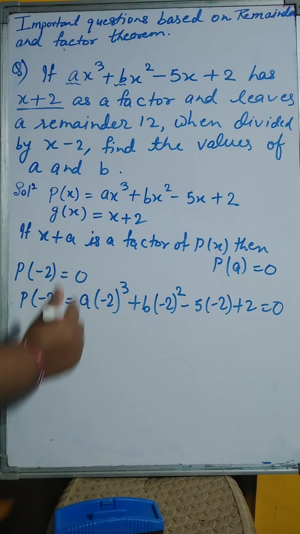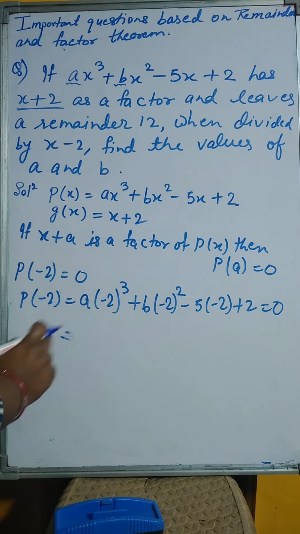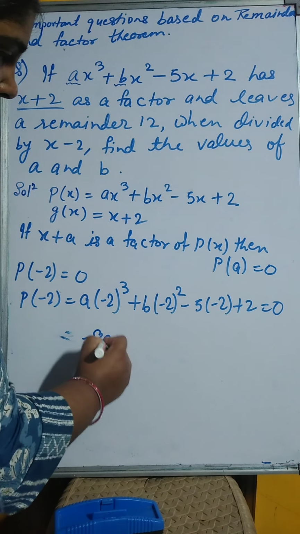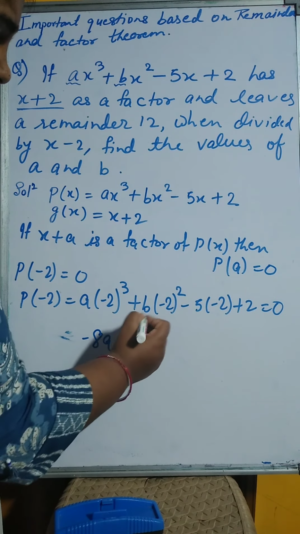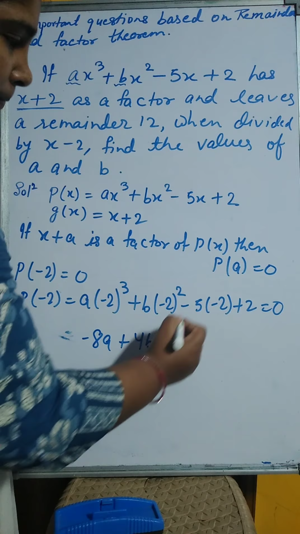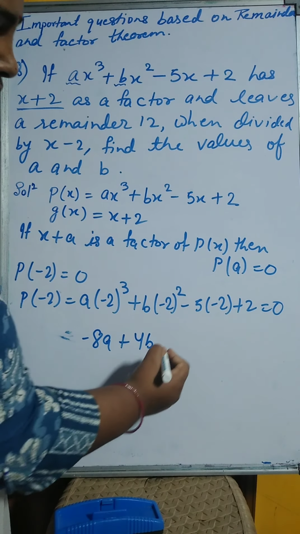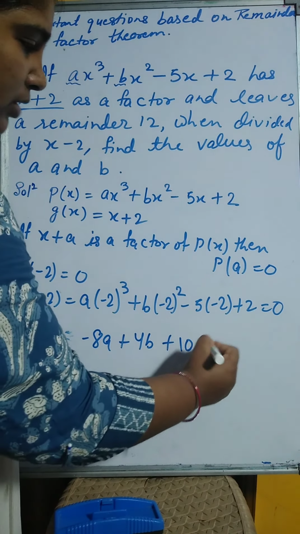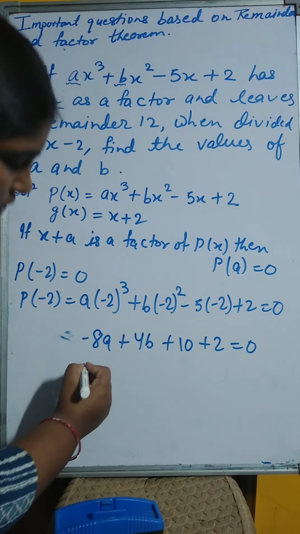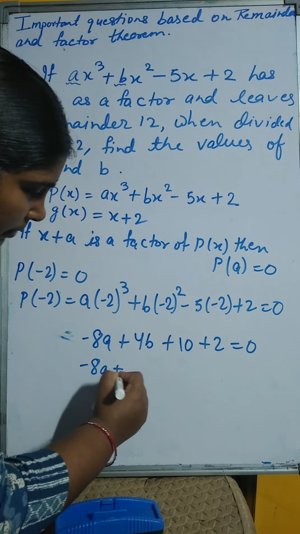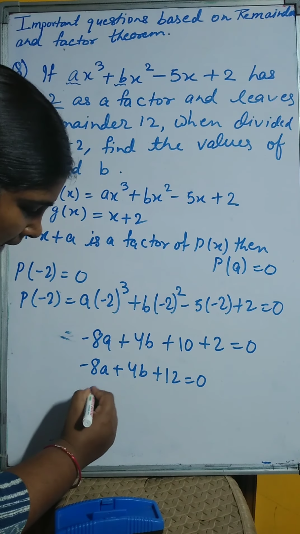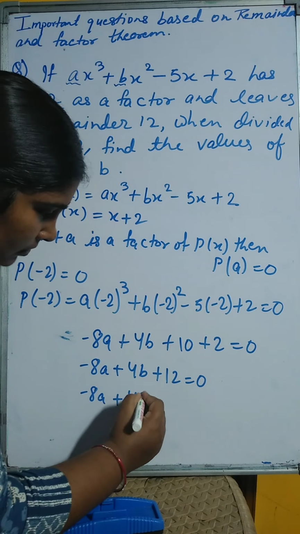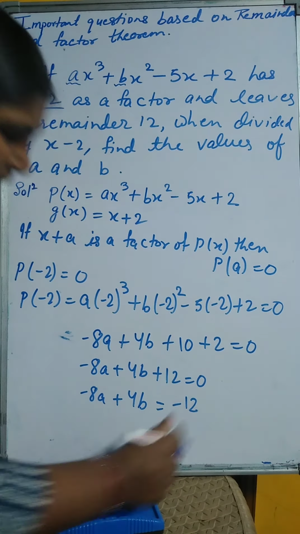Let us calculate. Minus 2 cube is minus 8. Minus 8 multiplied by a is minus 8a. Minus 2 square is 4. 4 multiplied by b is 4b. Minus 5 multiplied by minus 2 is plus 10, plus 2 equal to 0. So we have minus 8a plus 4b plus 12 equal to 0, or minus 8a plus 4b is equal to minus 12.